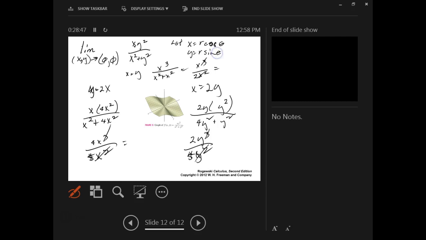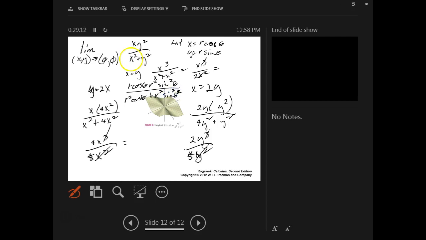Okay? So what do we have here? The x is r cosine theta times r squared sine squared theta over r squared cosine squared theta plus r squared sine squared theta.